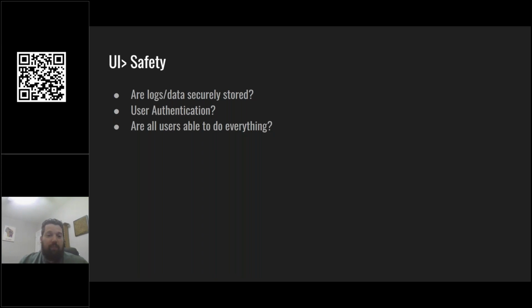I don't know. And something else to consider are potential user roles. So if you have an operator that's very new to the team, do you want to give them access to everything? Do you want them to be able to perform all actions? Or do you want to segregate it so that you have certain levels of access and certain levels of ability to perform actions?